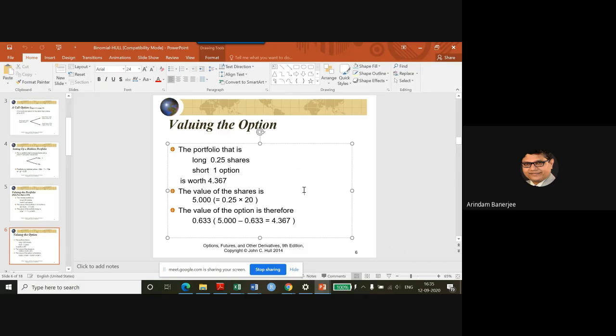So why is this difference happening? Obviously, this difference is coming because of the existence of the option in the portfolio. Because of the option, the value of the portfolio is not 5 but 4.367. So the difference between the two, the balancing figure, is nothing but the value of the option. The balancing figure is 0.633. So this 0.633 is the value of the option.